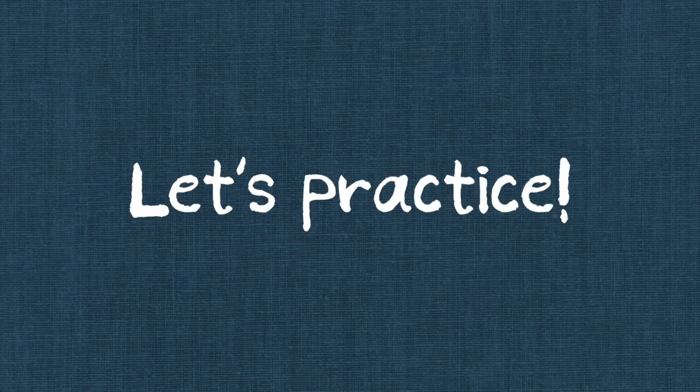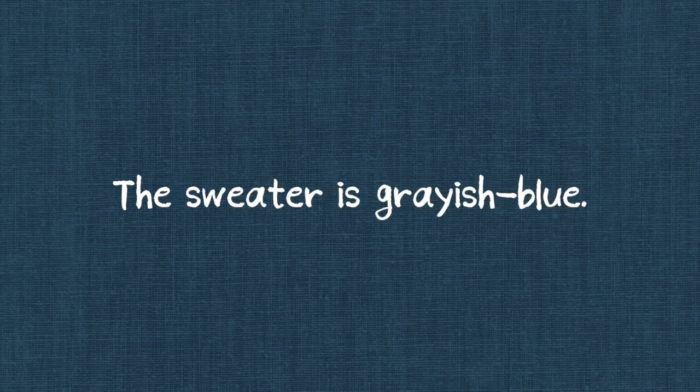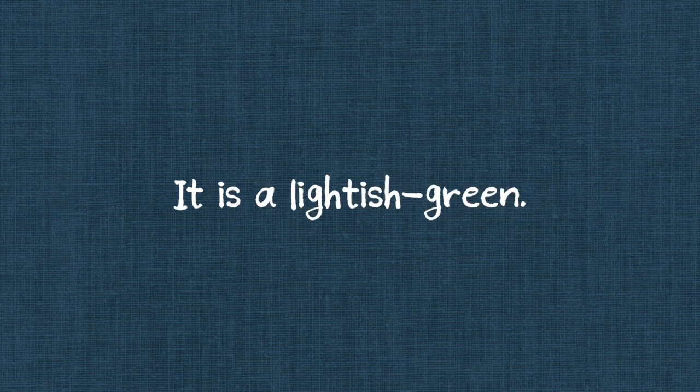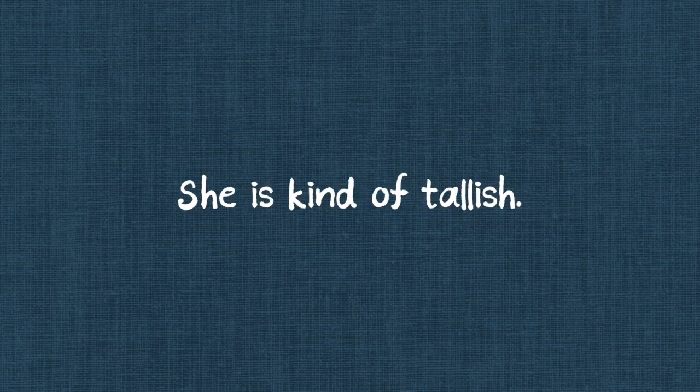Let's practice. The sweater is bluish. The sweater is grayish blue. The sweater is sort of grayish blue. It is a lightish green. She is tallish. She is kind of tallish.